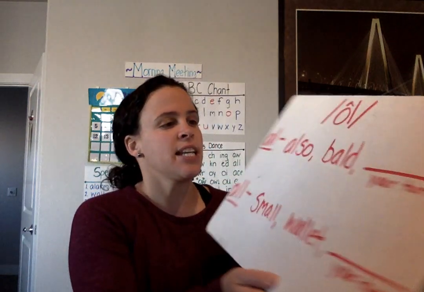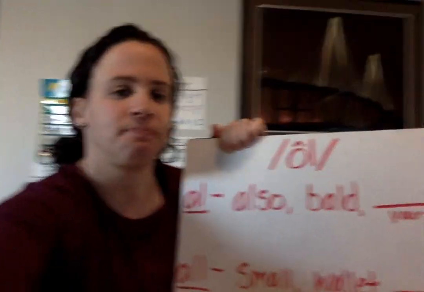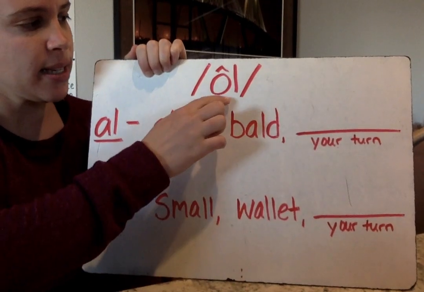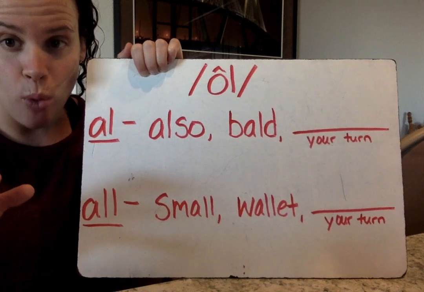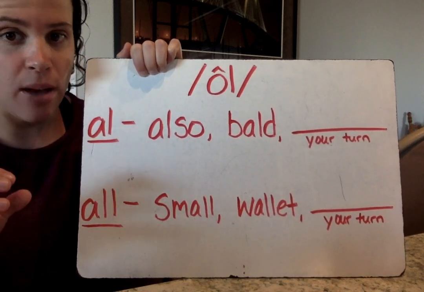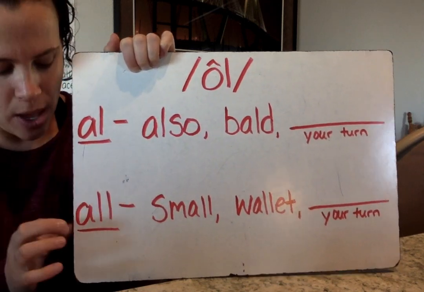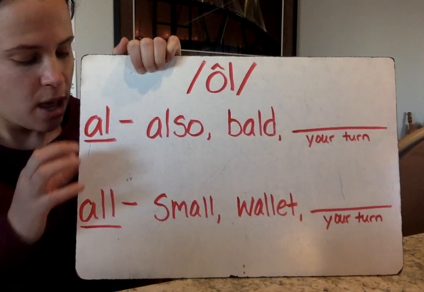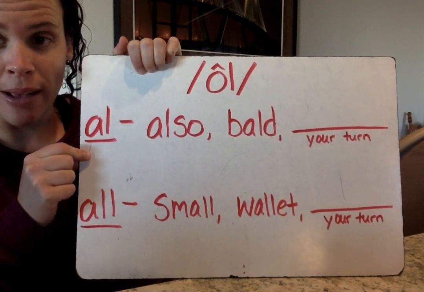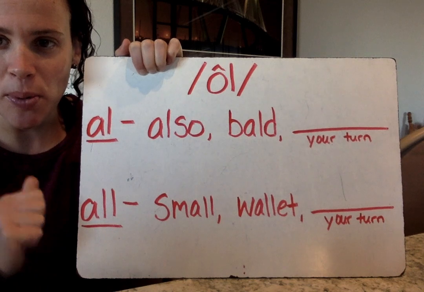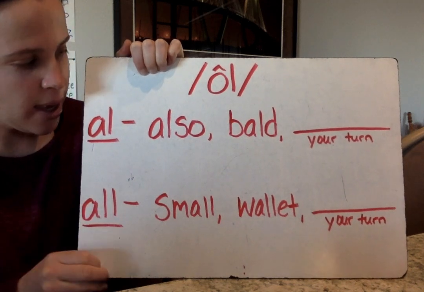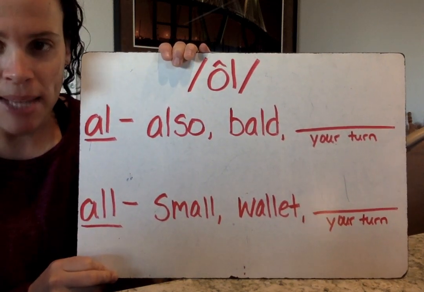Let's take a look at it. This is the sound that it makes, the all sound. The first way is just with one L, and the second way is with a double letter rule, two L's. But same sound, different spelling.